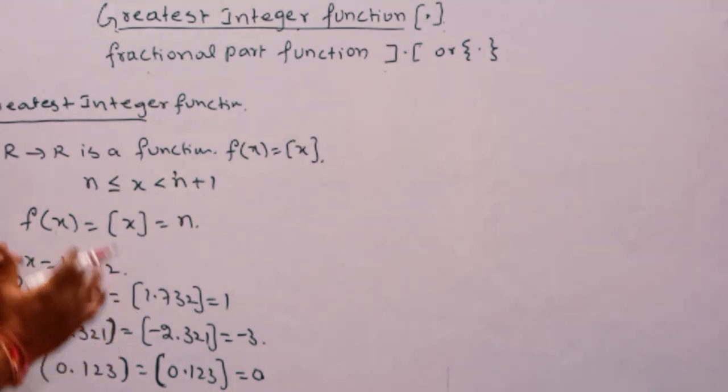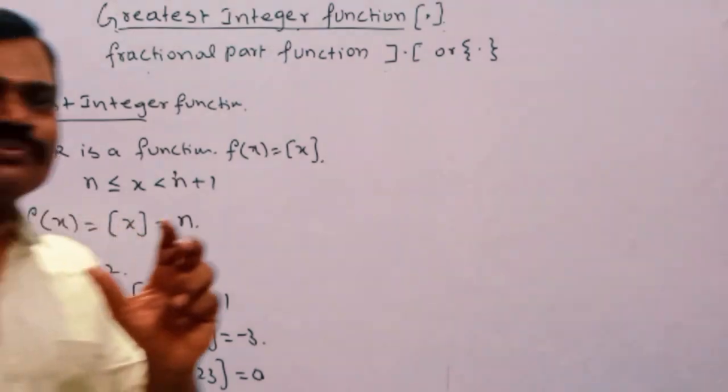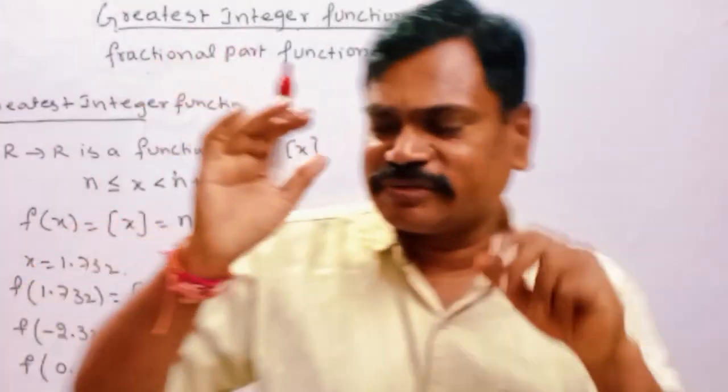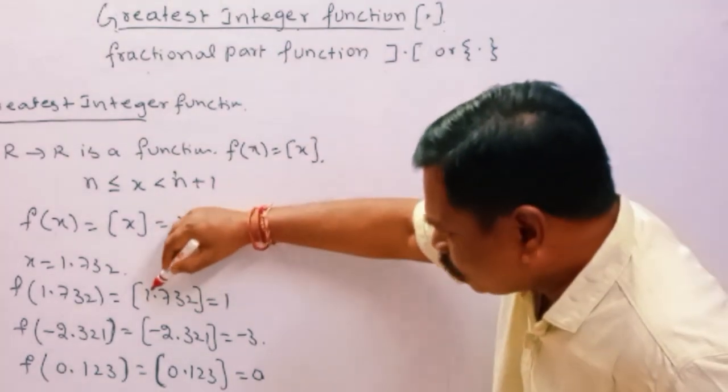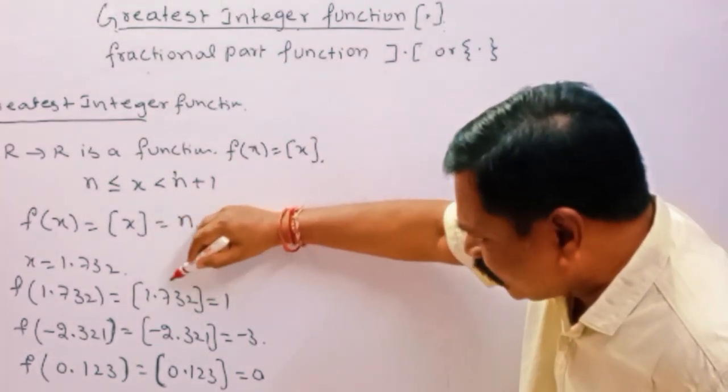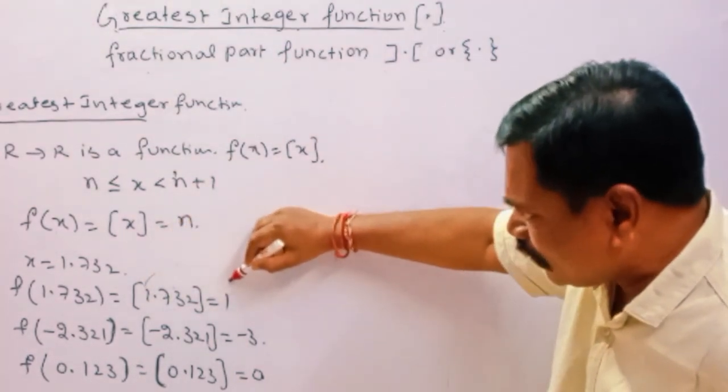Here you take the less than or equal to function. For 1.732, we take the lower integer value.